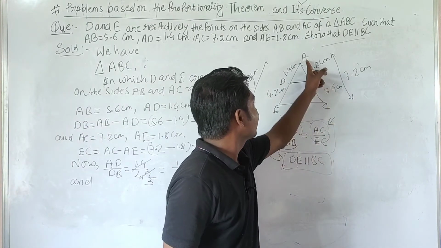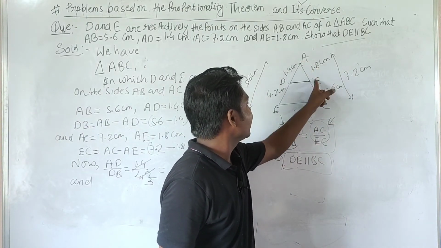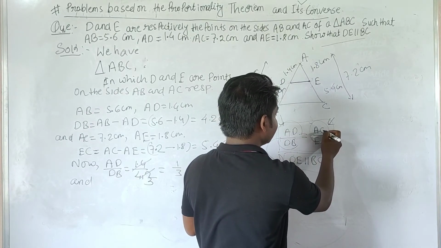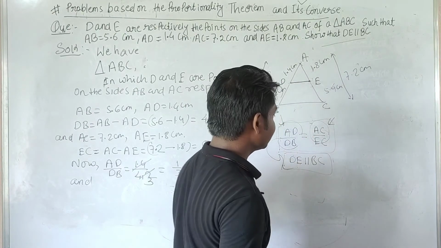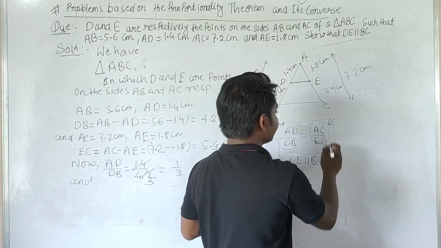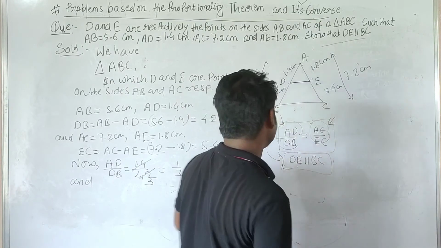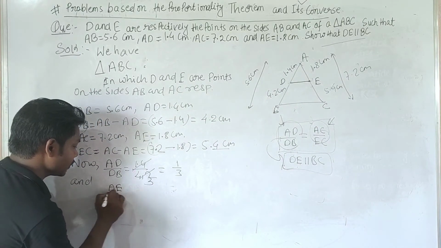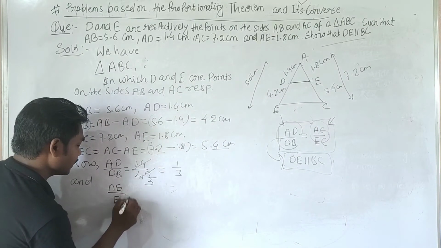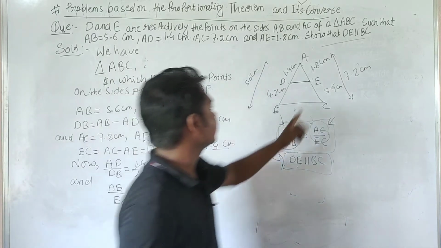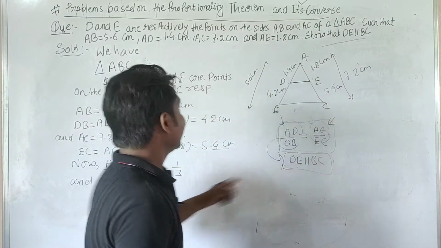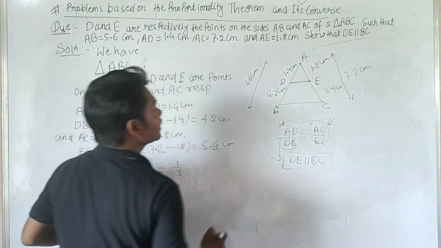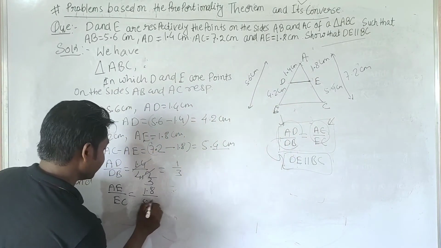The next ratio we need to find is AE upon EC. AE is 1.8 and EC is 5.4.